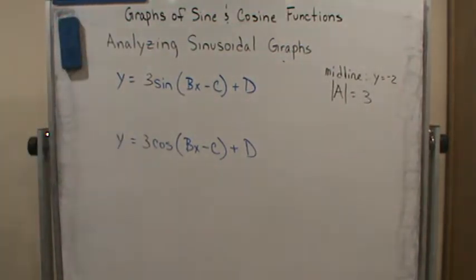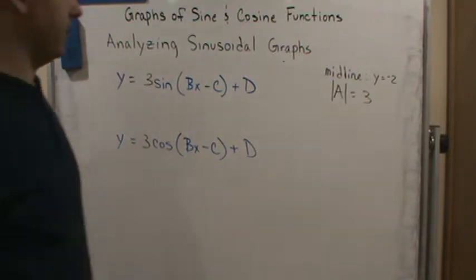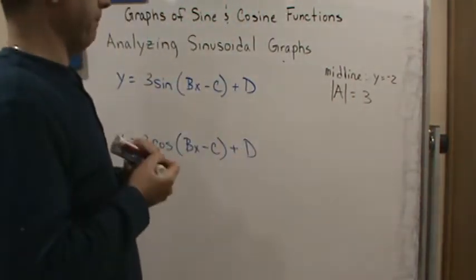Now, if we look at the shift, first of all, since the midline is at -2, we know it's a vertical shift down 2.